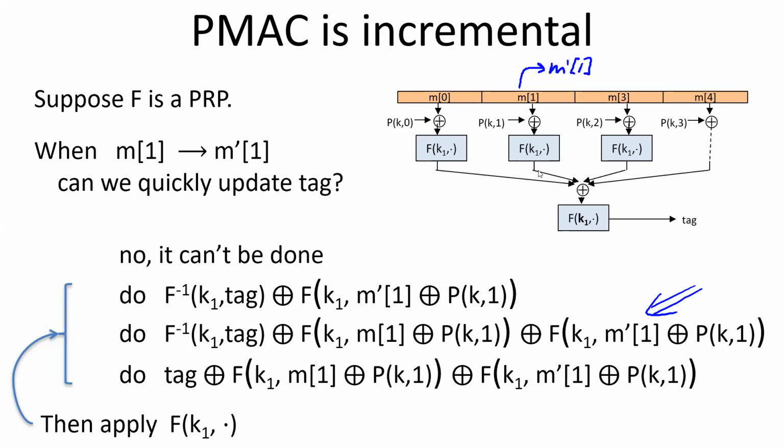This is the only wire that's going to change by modifying the black block into a blue block. So this is how you're going to modify the final tag.